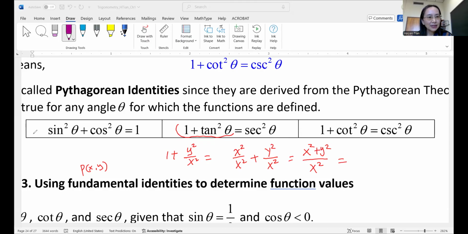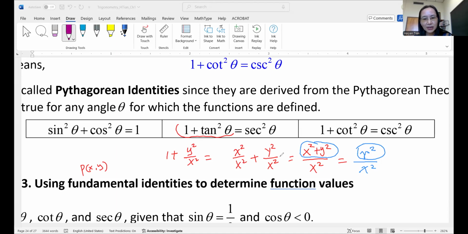Now, do we see that x squared plus y squared, the numerator, is simply r squared? So r squared over x squared. Did we apply the Pythagorean identity? Yes, we did, because x squared plus y squared is r squared. That's the Pythagorean identity.